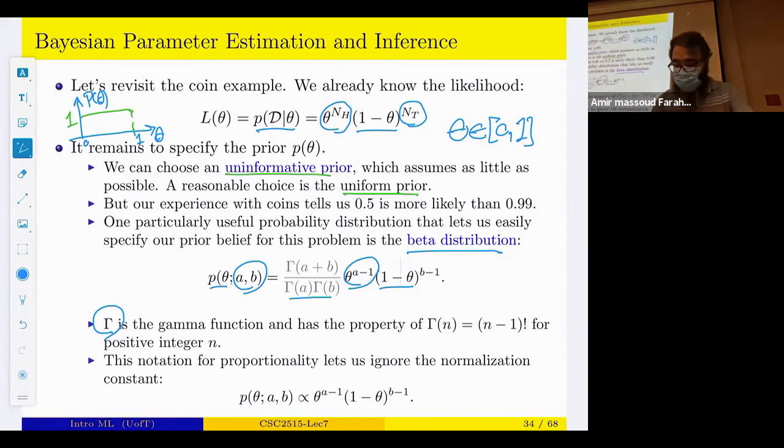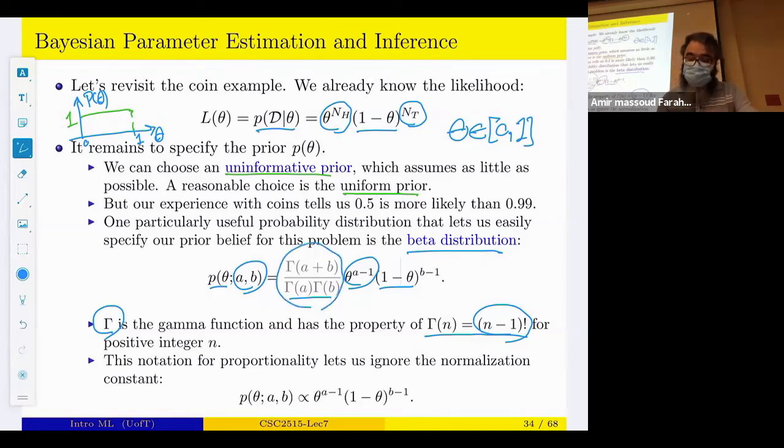In this lecture, it has the property that gamma of n for integer-valued n is similar to factorial of n minus 1, but it is defined for non-integer values too. So we can have gamma of 3.5, for example. But this constant doesn't really matter.